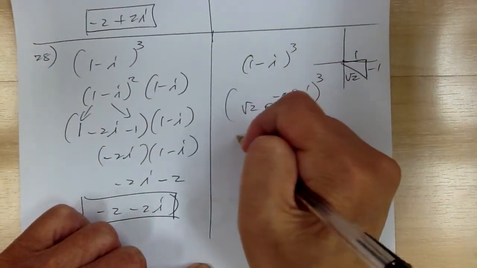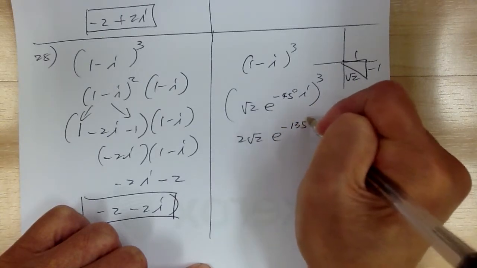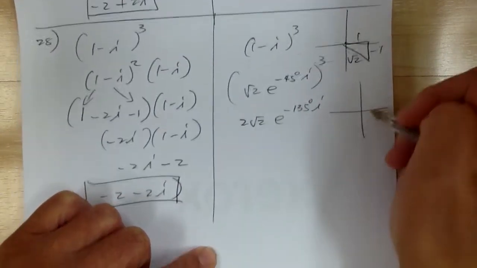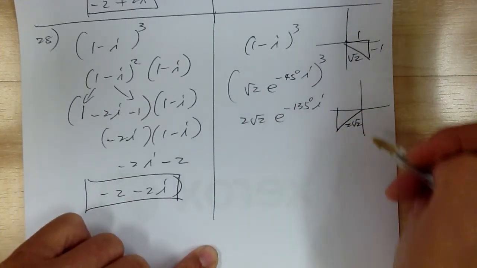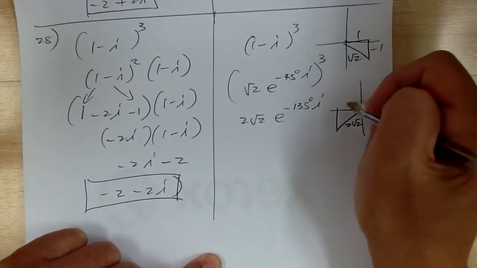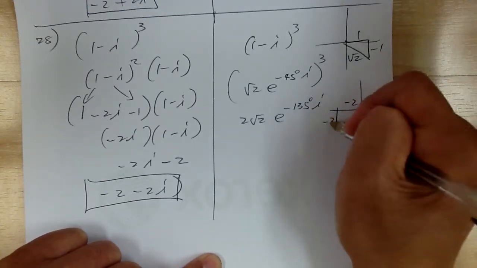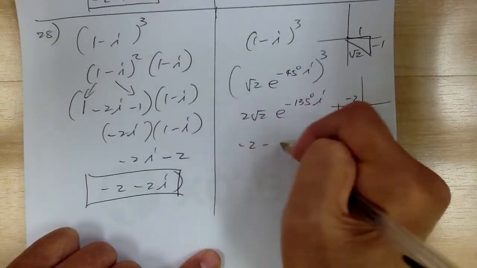Again, work it out, you get 2 square root of 2 e to the negative 135 degree i. Okay, so when I work it out, this is going to be right over here, and 2 square root of 2. And so this would be a negative 2, negative 2. And that's what we have, right? So you got negative 2 minus 2i.